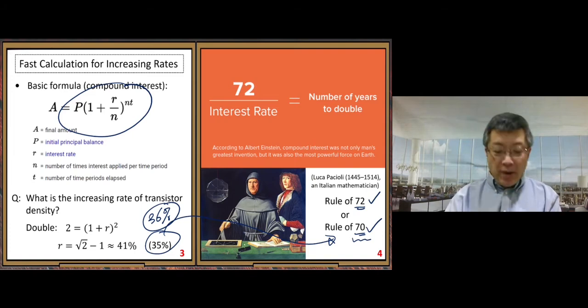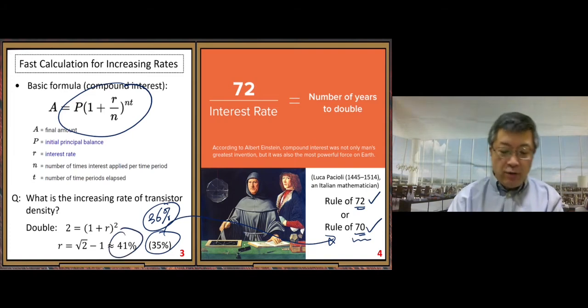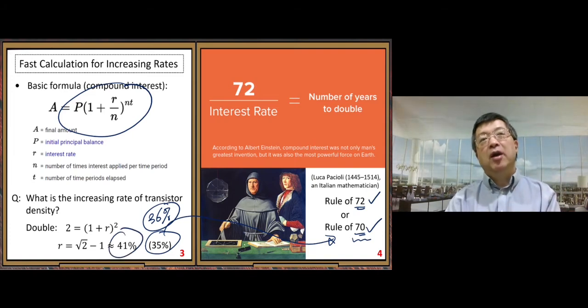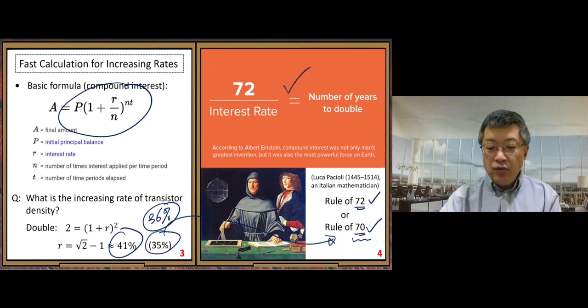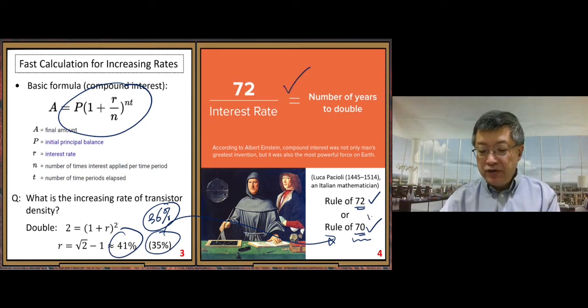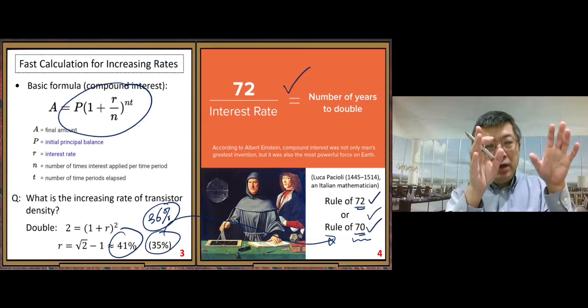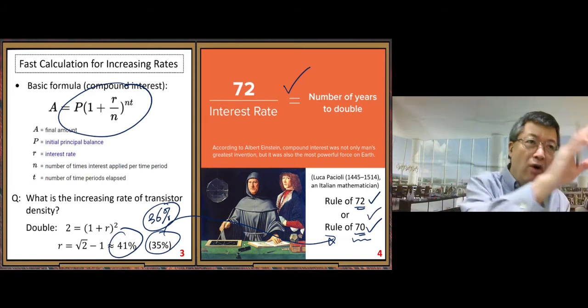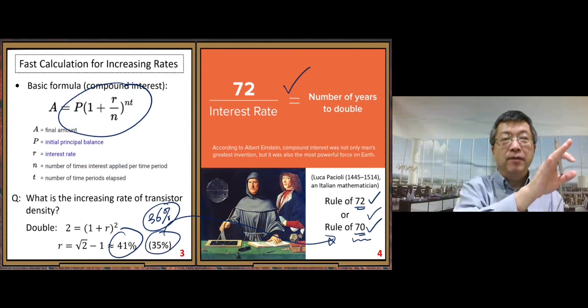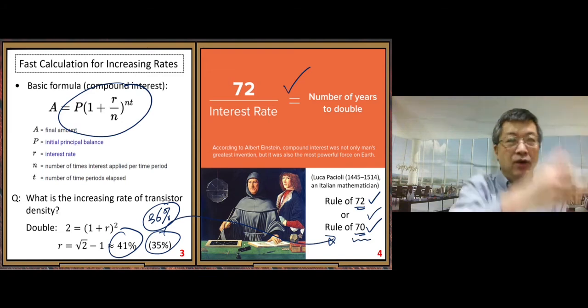But here, if we use the original formula, we get 41%. Why? Because these rules, the rule of 72 or the rule of 70, are more accurate only when we apply them to a relatively small R number.